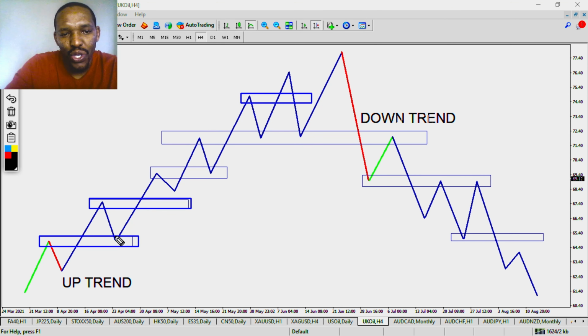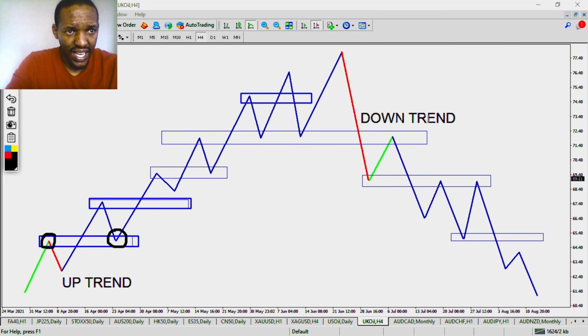So you would like to look for a buy around that area right here. This is where you would look for your buys. This is the best way to trade this one, at its low, at the zone of the previous high. That's how you trade the medium pullback.